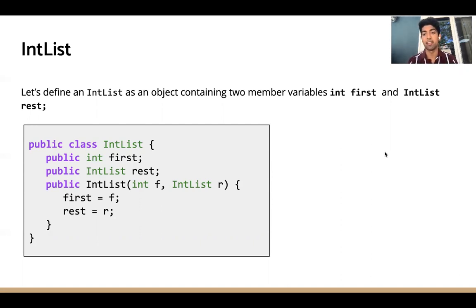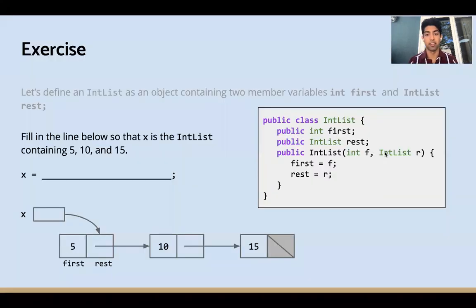I think it's helpful to see an example here. If we're looking at this IntList x at the bottom, what we will see is that if I wanted to store the elements 5, 10, and 15 in a list, I could use an IntList to achieve it.